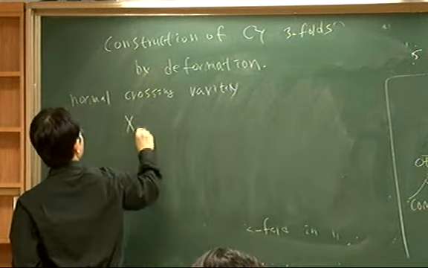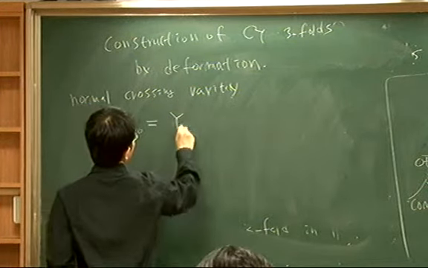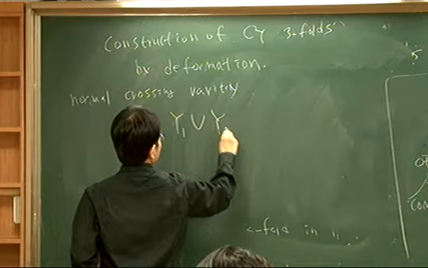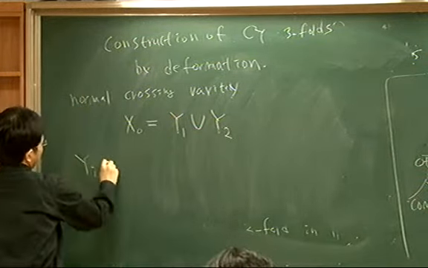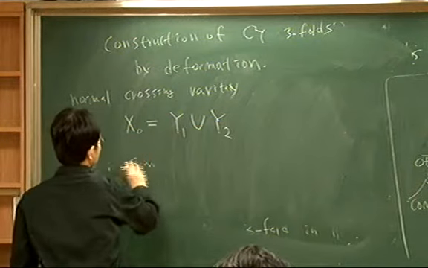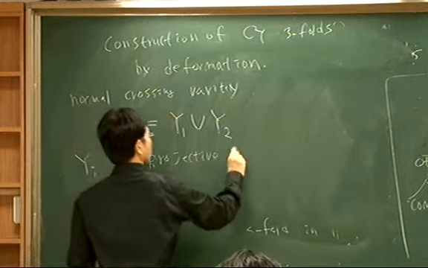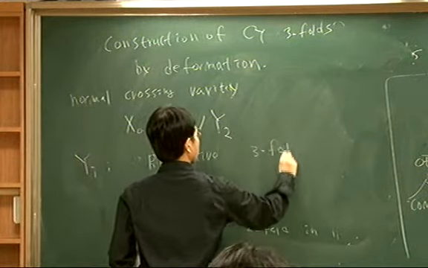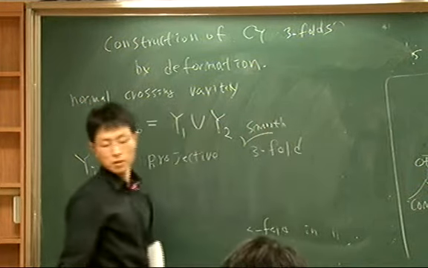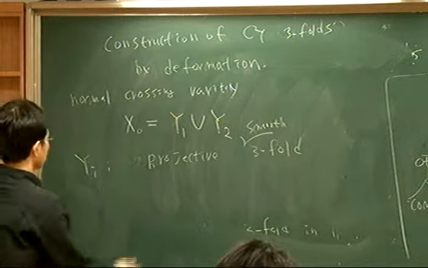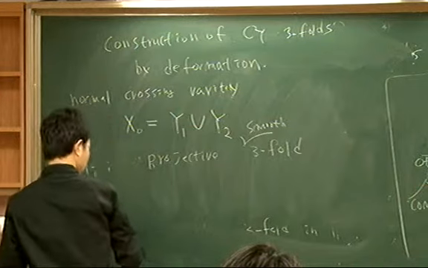Let's say a very simple one: X0 is a normal crossing of two projective manifolds, Y1 and Y2, each smooth. These are projective threefolds, and they intersect in a very specific way.